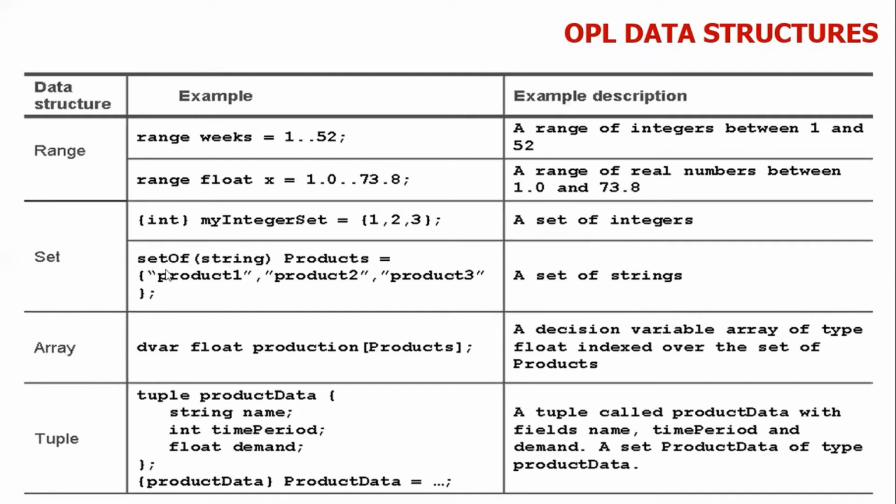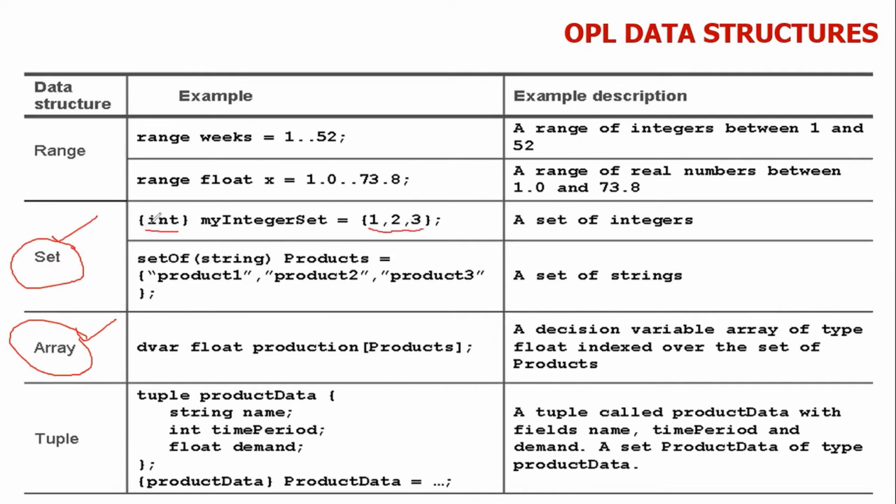Right now in this video, we are going to discuss two data structures: one is set, and the other is array. How you can use set to define the data and how you can use array to define the data. In OPL, there are two ways to define the data with respect to the set. Either you can use the curly brackets around the type, integer or float.